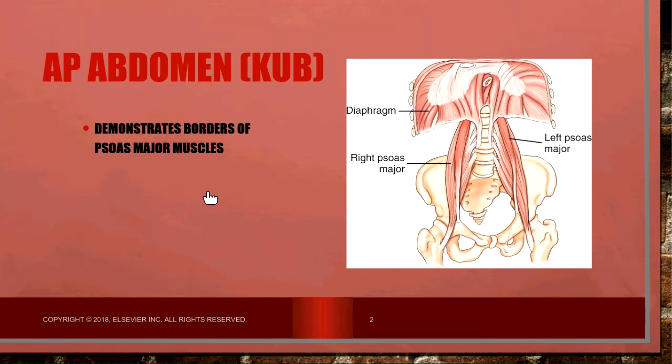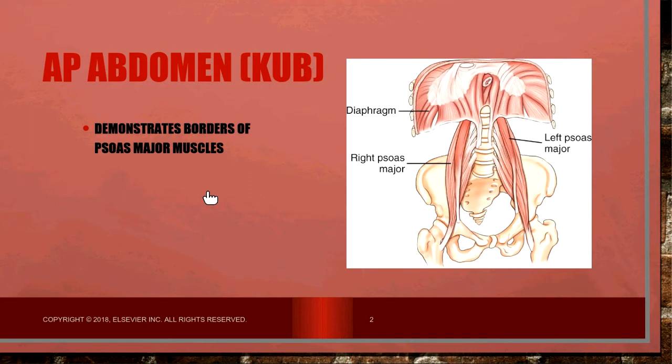That scout image is basically proof for the radiologist to refer back to, to show what the abdomen looked like or what was contained in that abdomen before they gave the patient the contrast media to show the anatomy or the hollow organs or whatever it is they were visualizing. So that's called a scout image, and that is simply an AP supine abdomen taken prior to contrast media ingestion.